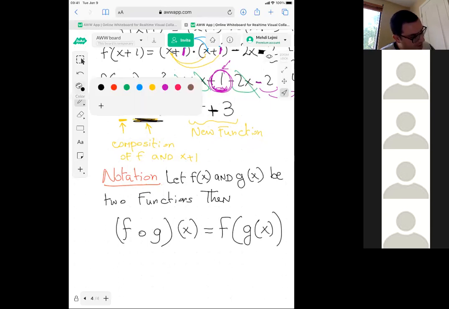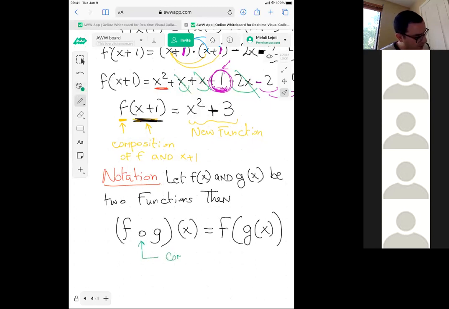This symbol means composition. It's not multiplication, so you have to be careful. A dot would be multiplication. This empty circle, that's composition of two functions, the composition of f of x with g of x.